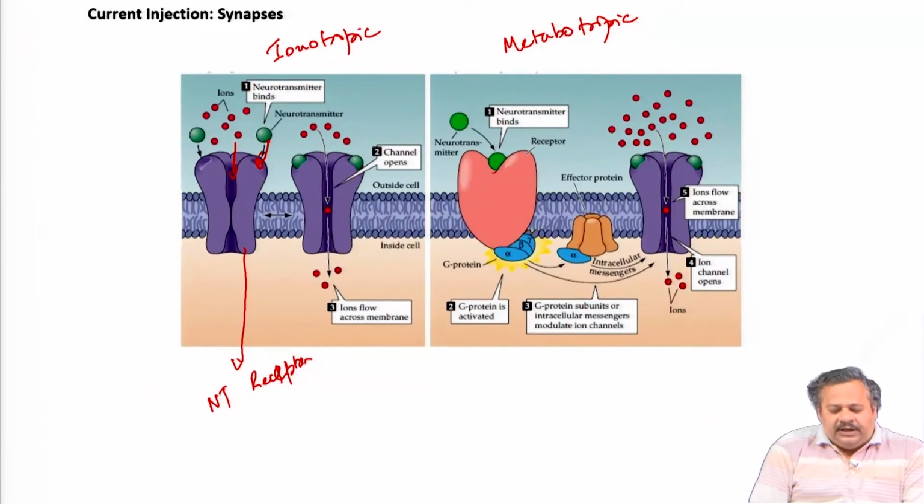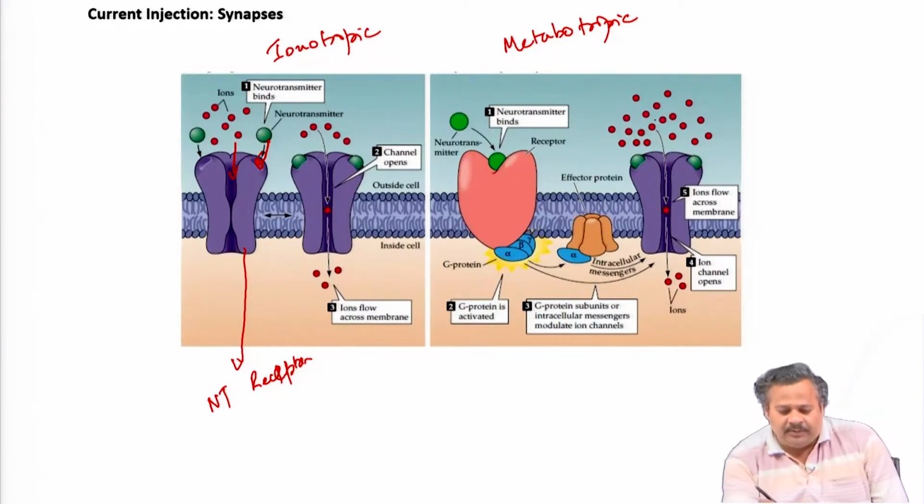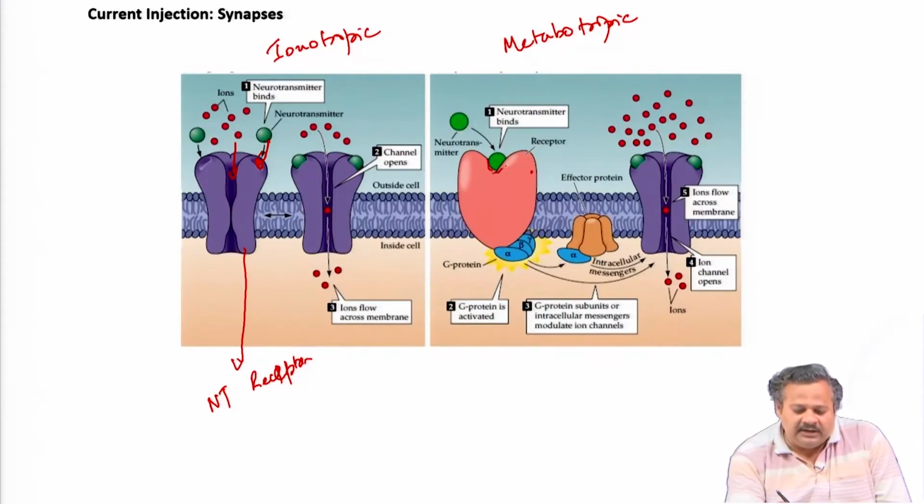This means that this is an extremely fast process, and in this case the receptor itself is an ion channel, as opposed to what we see on the right hand side, which is a metabotropic receptor. Here the receptor is not an ion channel, but it has a binding site.